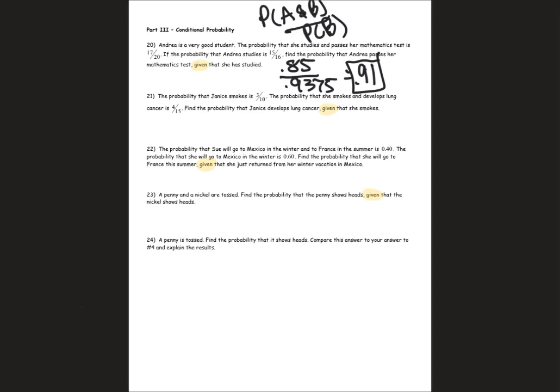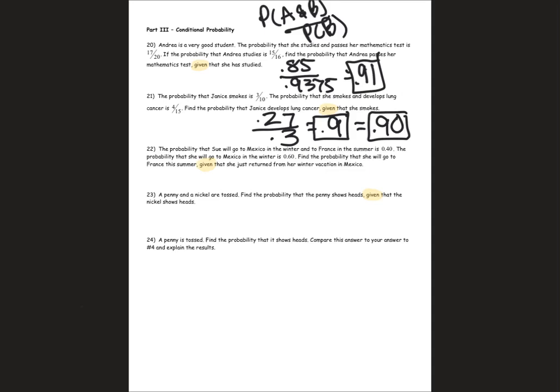So that is about 27% chance. You can round. That's okay as long as it's 2 decimal places. And then the probability that she smokes is 3 out of 10. So 0.3. So 0.27 divided by 0.3 is 0.9. So that is your probability. You could also say 0.90. That is okay too.